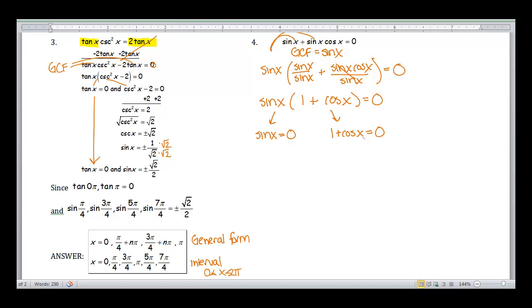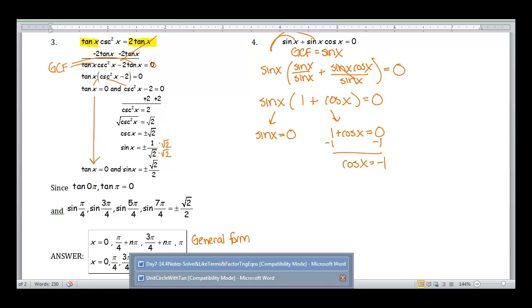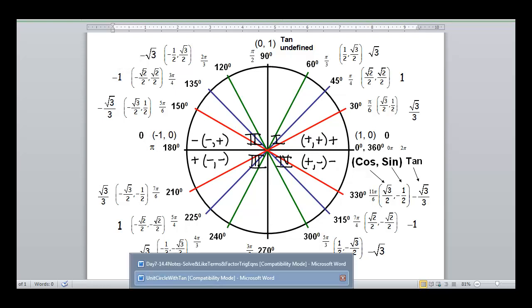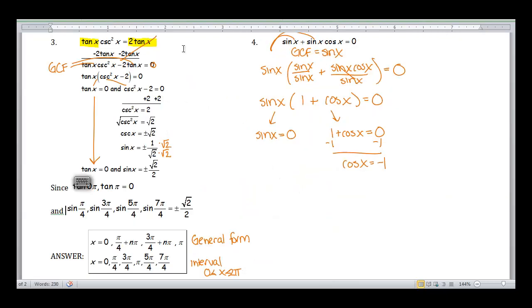If you solve each of these, subtracting 1, I can see that I want to look on my unit circle for where sine is a value of 0 and cosine is a value of negative 1. So sine is a value of 0 at 0 and at pi, and cosine is a value of negative 1 also at pi, and so you really only have the two answers.